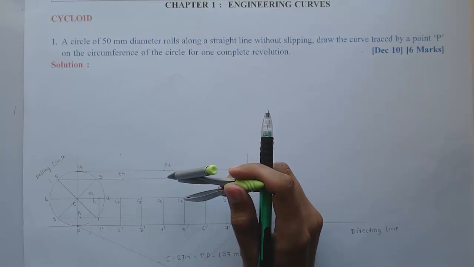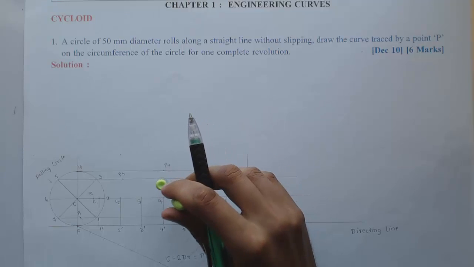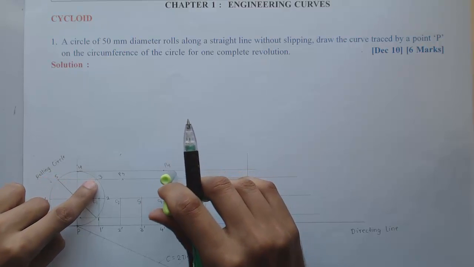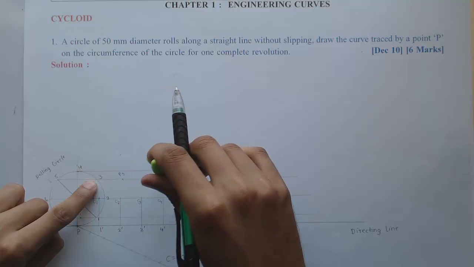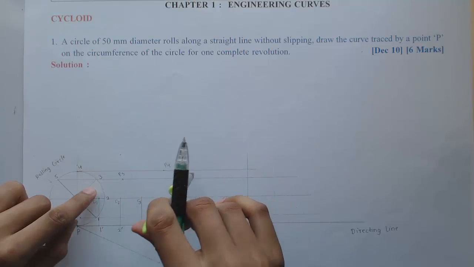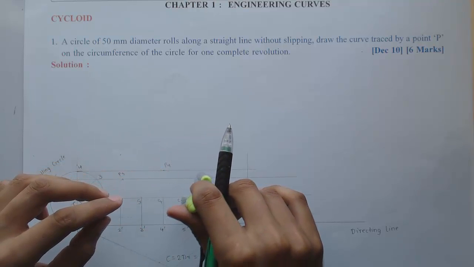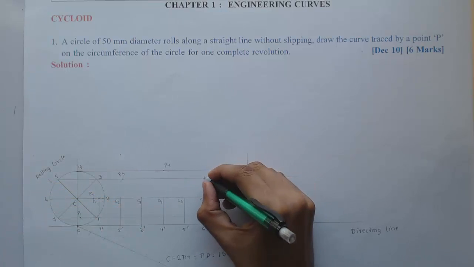So from C5, while marking P5, again I need to check the next division on the division of the circle, which is 5, and the horizontal line passing through that. I want to mark an arc on that line. Again, there are two possibilities, here or here. But obviously when it is coming down, it will not come down like this, but this will be the appropriate arc.